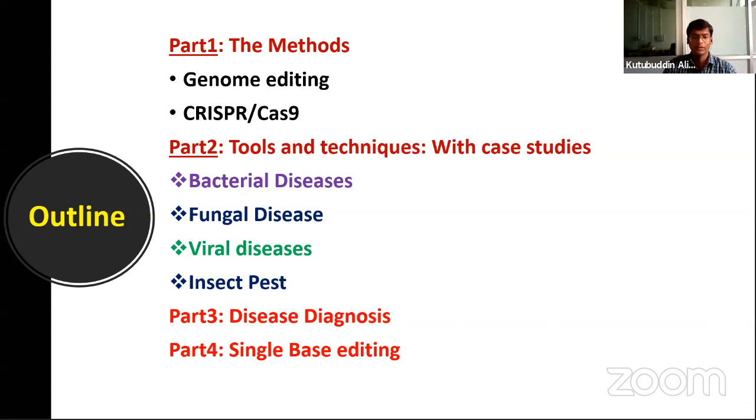In part 3, I will talk about a new emerging field, how CRISPR-Cas could be utilized in disease diagnosis. And in part 4, I will talk about my own experience working with single base editing, how CRISPR-Cas9 can also change a functional SNP from an A base pair to a G base pair, or from a C base pair to a T base pair. So this is the outline.